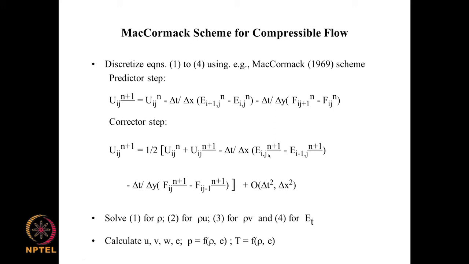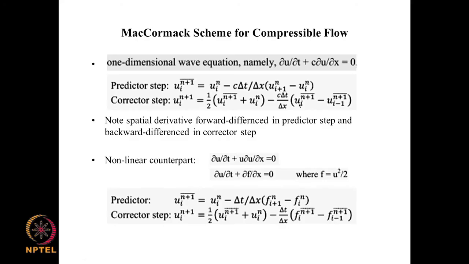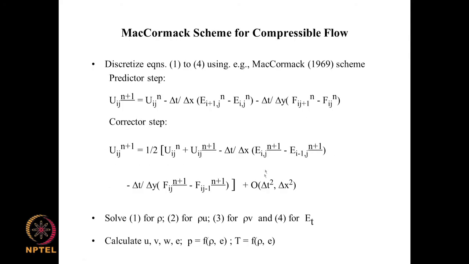This is again the same as what we had here, u_i minus u_(i-1) based on the n+1 values, or F_i^(n+1 bar) minus F_(i-1)^(n+1 bar). So, E and F are the fluxes, and the fluxes are being evaluated in backward differencing in the corrector step and forward differencing in the predictor step.